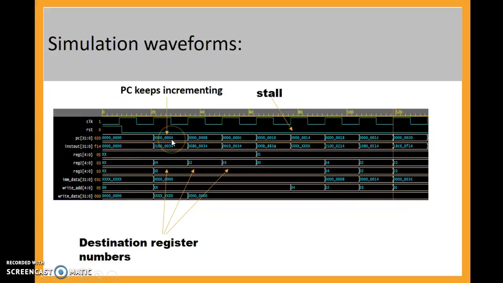As you can see, the PC increments by 4, like 4, 8, C, 10 in hexadecimal, and during the decode stage, whatever addresses are to be read are given here. This is the destination register numbers, and here we have a stall cycle. We will come to that in the next slide.